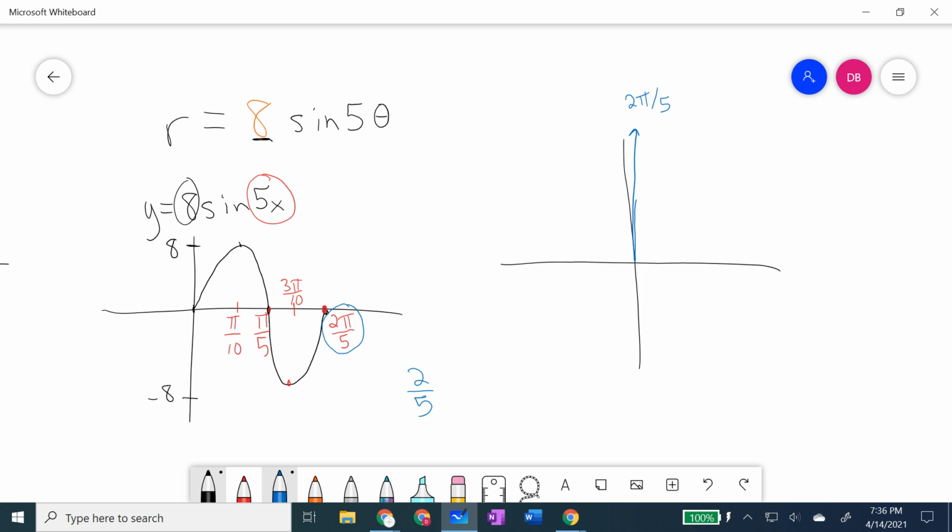But another thing that I can do to save myself a little bit of time is to understand when I multiply theta by that 5, what it actually does is, hold on, let me catch my thought.